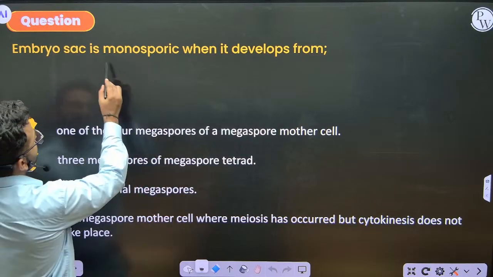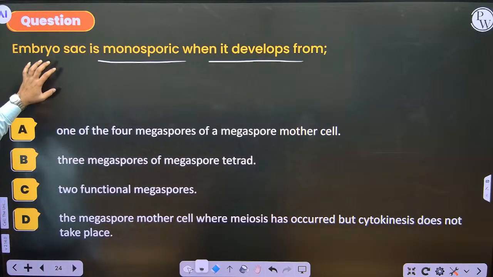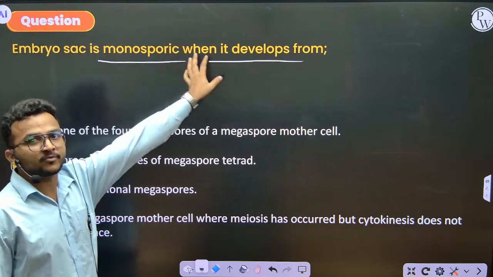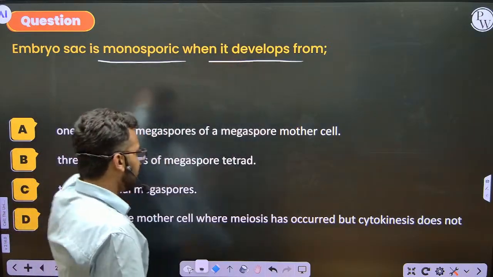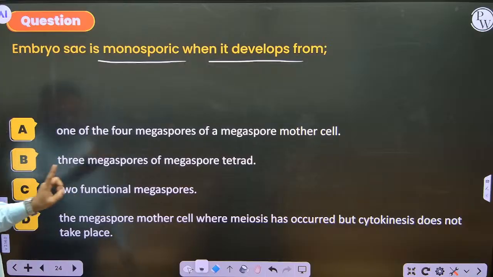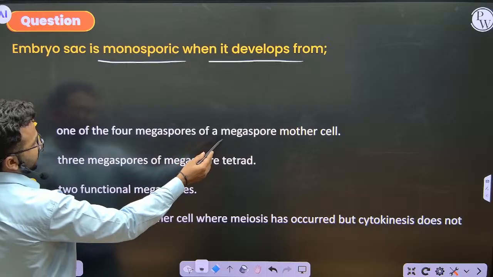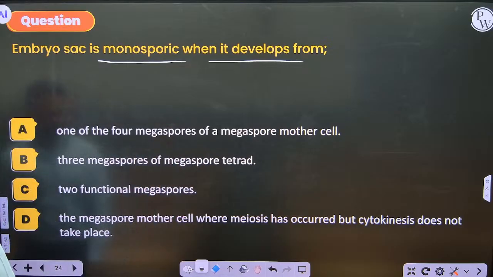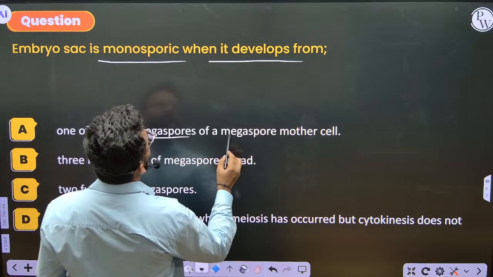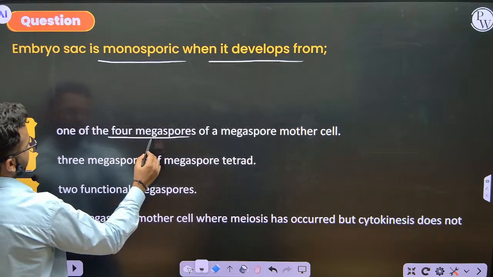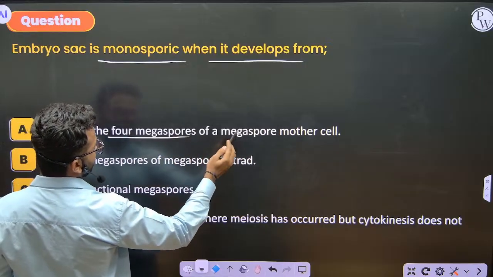Embryo sac is monosporic when it is developed from. When we say the embryo sac is monosporic, it develops from one functional megaspore, that is, one of the four megaspores of a megaspore mother cell.